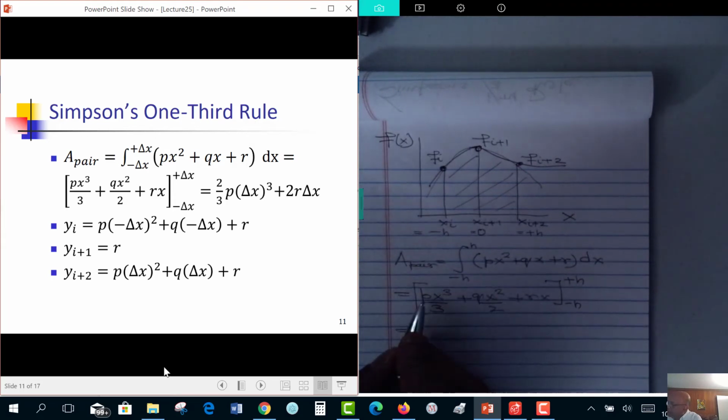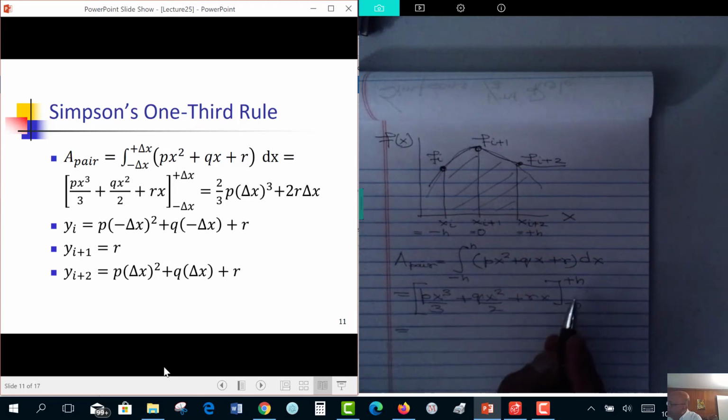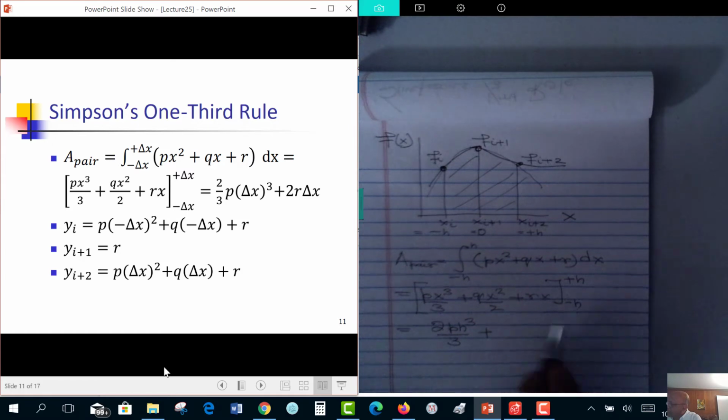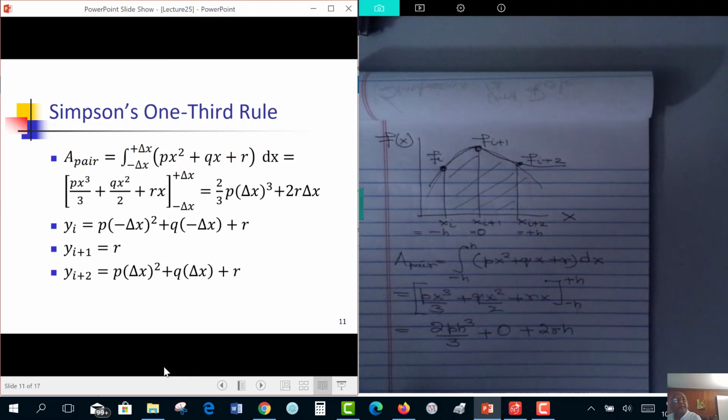So we will get ph cubed over 3 minus of minus ph cubed over 3, so we'll get 2ph cubed over 3. The q term would cancel out because the signs are reversed, and we will get 2rh. Okay, so this is the area of our pair.